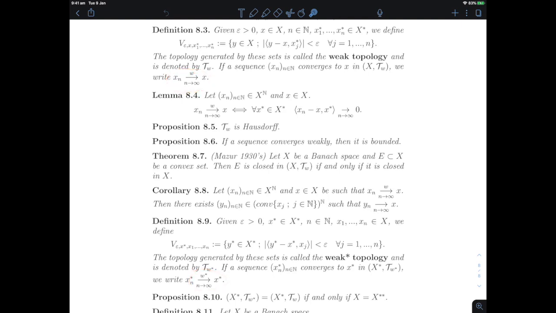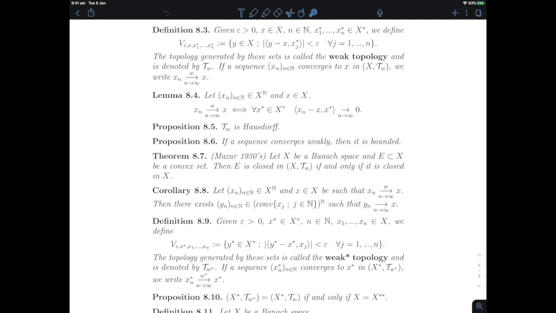Now, are those two topologies the same? Well, what we're going to see in the next proposition is that they are the same if and only if they are the same for the obvious reason that you're testing on the same objects, right? So if you can identify X with X double star, then there's no difference in this definition where you test against elements of X and the definition of the weak topology where you would test against elements of X double star.